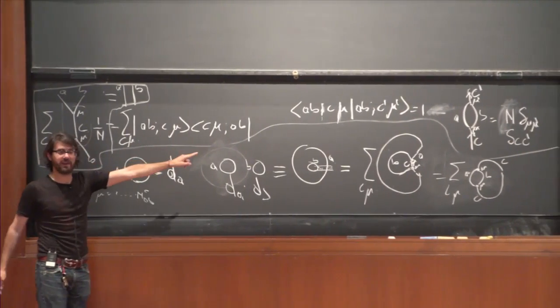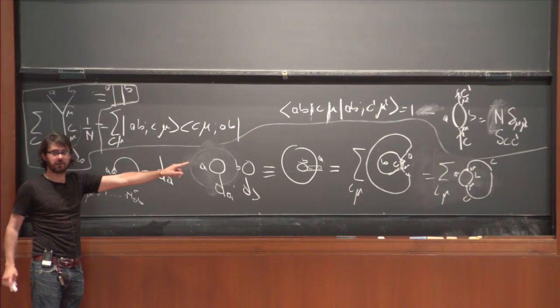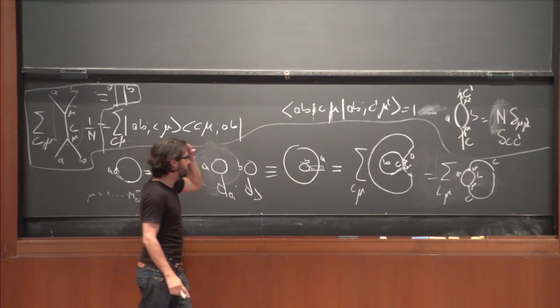So this norm will vanish when multiplied by that norm, because this comes as 1 over m, that comes as n. So they'll just vanish.